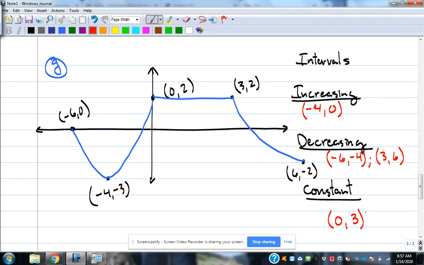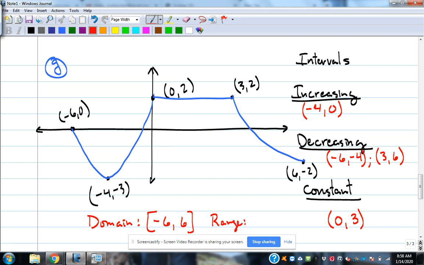What would the domain of this function be? Since we talk about that a lot, let's go ahead and do the domain just for fun. And what brackets or parentheses? Brackets. Why brackets? Dots are closed in. Okay. What would be the range?